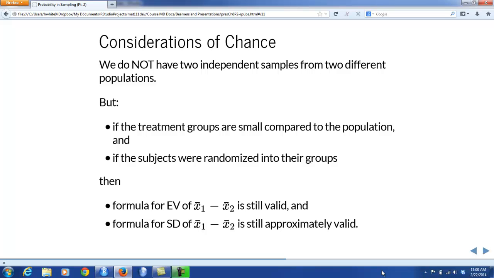In particular, the formula for the expected value of the difference of sample means, x1 bar minus x2 bar, is still valid. And the formula for the standard deviation of x1 bar minus x2 bar is still approximately valid. So we're still okay to do the same basic probability. We're just thinking about the parameters in a little bit different way.